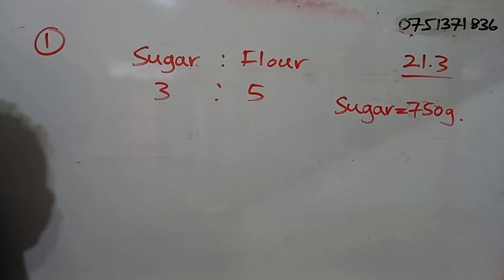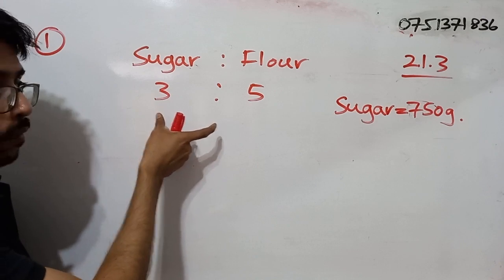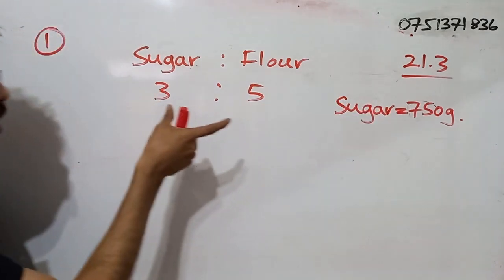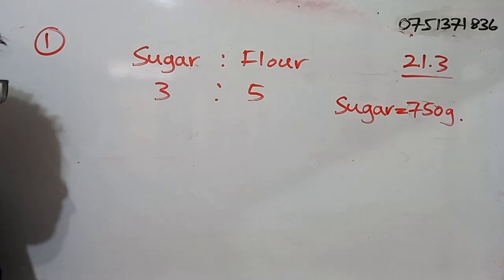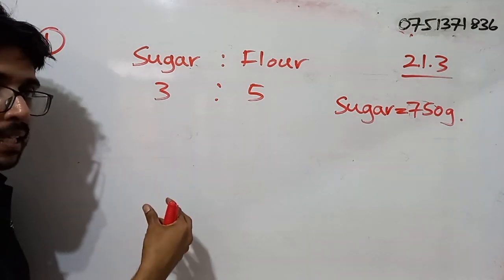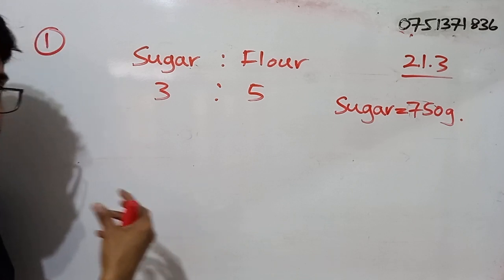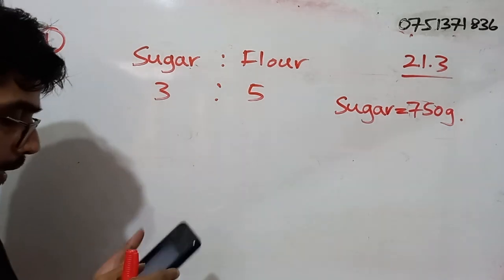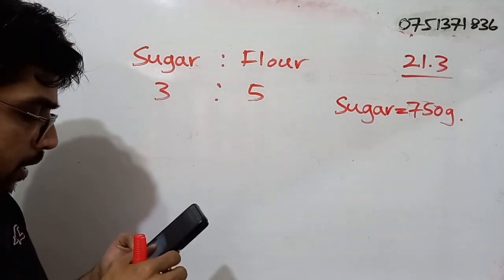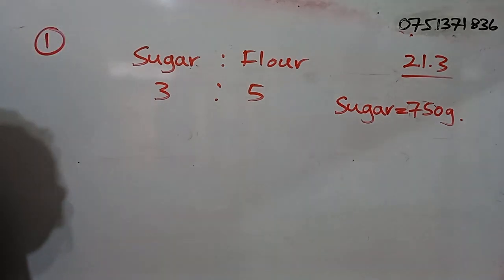So we know the ratio, and we know the amount of sugar. In the question they are asking us to calculate the total mass of the mixture. Find the total mass of the sweetmeat mixture.